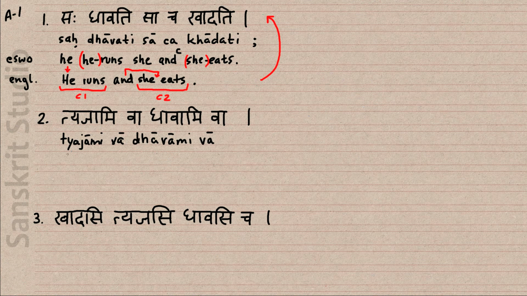So someone is abandoning, and that one is I abandon. And we don't have any subject, or we have an implicit subject. We don't have any separate subject. We don't have any pronoun or proper noun.